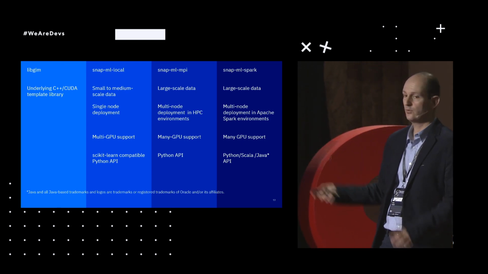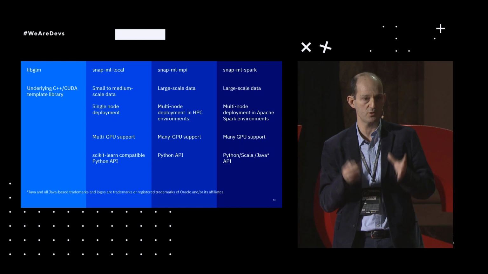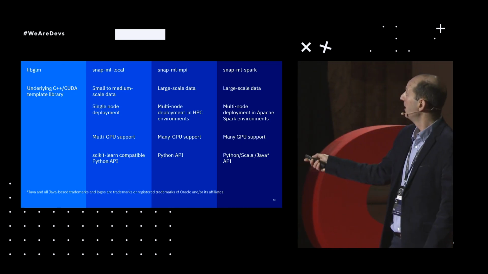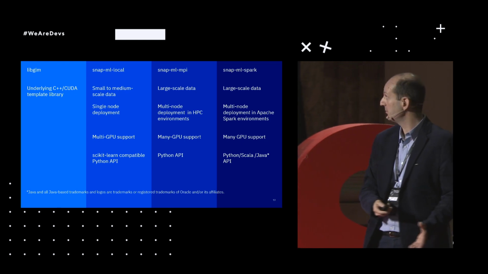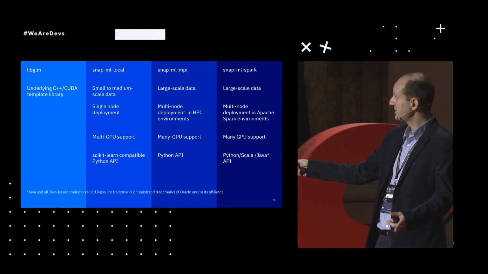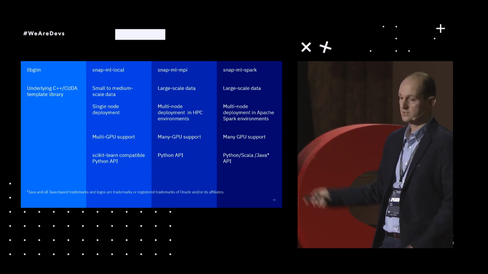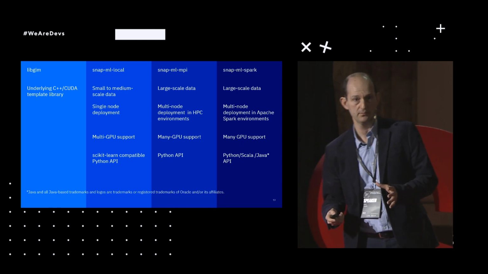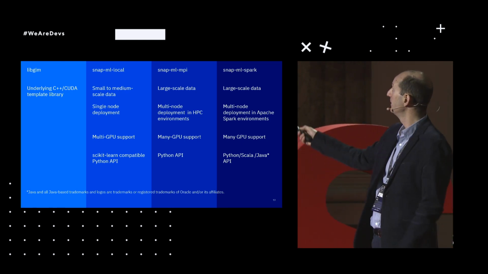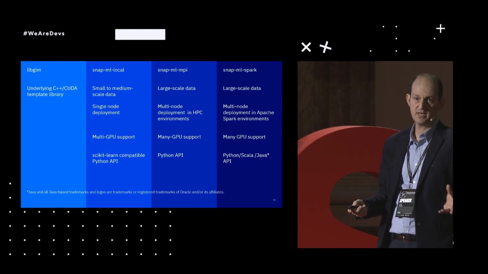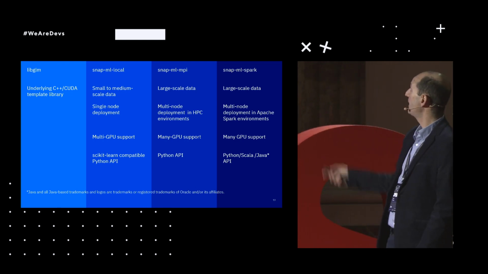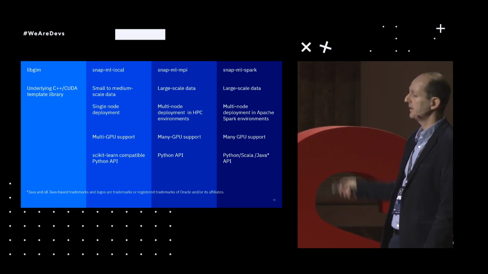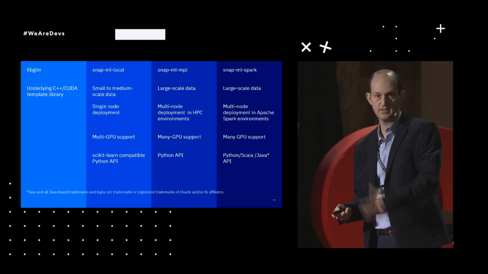This is designed for data that can fit in the memory of a single server, but it can also support multiple GPUs if they are available. As you will see later in a snippet, it is very much scikit-learn compatible. It almost looks and feels like scikit-learn. We have an MPI API for people that do HPC and are used to that, and also a Spark API. And these two are designed to work with larger data sets.